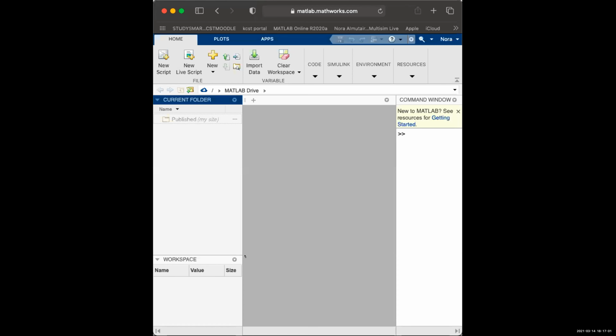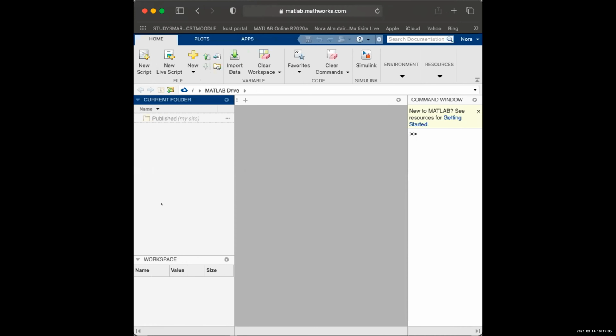Ahmad Al-Muteri, is everything okay? I don't know how to put the file you mentioned in the last lab. Did you download that from Moodle? Yes, there are two, Doctor. There is MATLAB student new zip. This one, right? No, not the new zip, the old one, the MATLAB student zip. Yeah, that one.